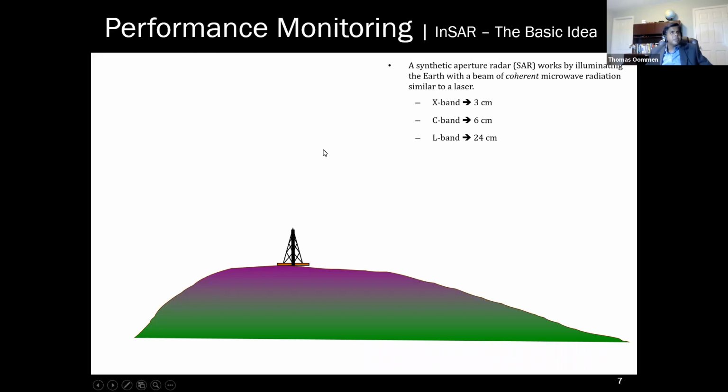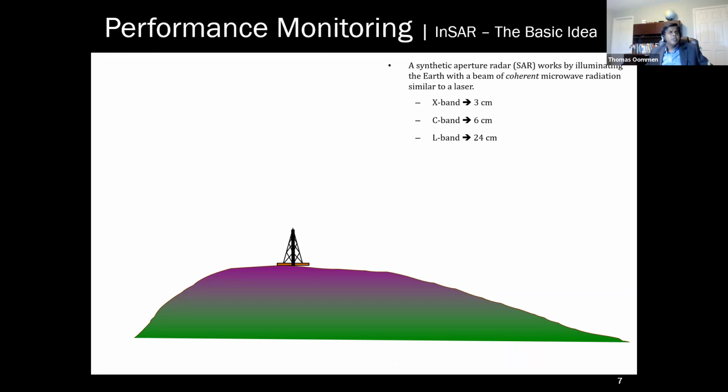Now, there are different wavelengths of these radiations. And if you look at the SAR literature, you would see that there is X-band satellites, C-band satellites, and L-band.